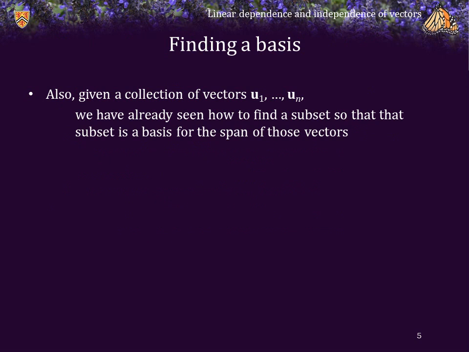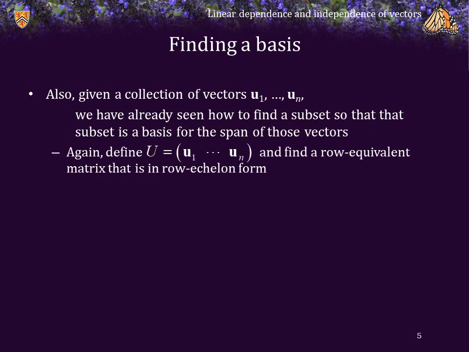Also, given a collection of vectors u1 through un, we've also seen how we can find a subset of these vectors so that the subset is a basis for the span of those vectors. Again, we define the matrix U comprised of its columns being these n vectors.